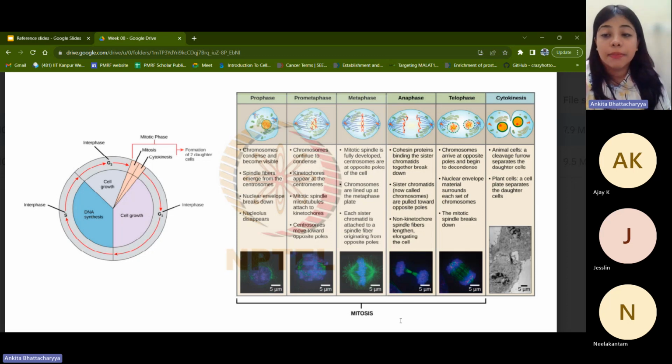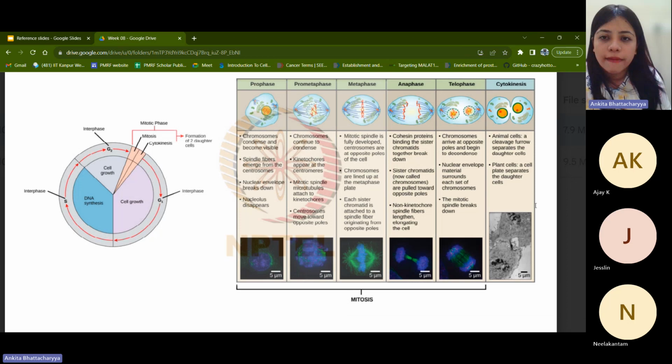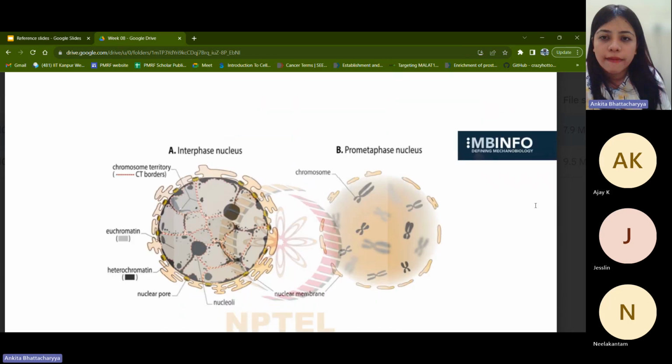For plant cells, a cell plate is present instead that separates the two daughter cells, which is not the case for animal cells. And that is a major distinction between cytokinesis in Animalia and in Plantae.